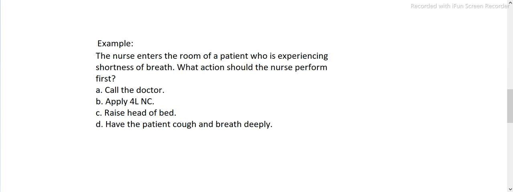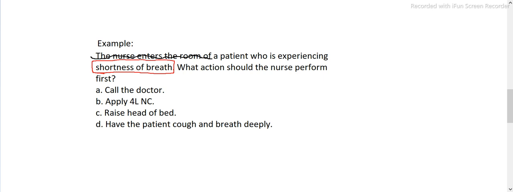That's just the fluff telling us what the nurse is currently doing, we can just ignore that. So the patient is experiencing shortness of breath. So I would say shortness of breath is the topic.